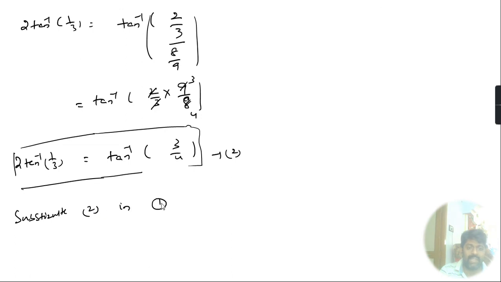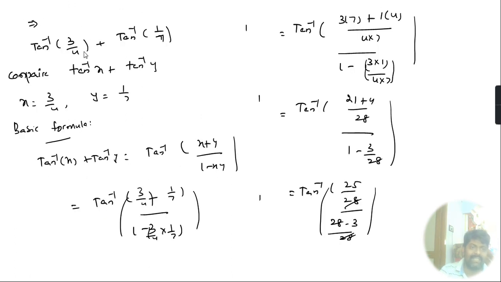Substitute 2 in 1. So we get that tan inverse of 3 by 4 plus tan inverse of 1 by 7. So this is same as the previous problems. Compare the tan inverse of x plus tan inverse of y. X is equal to 3 by 4 and y is equal to 1 by 7. And we have a basic formula tan inverse x plus tan inverse y is nothing but tan inverse of x plus y by 1 minus xy.